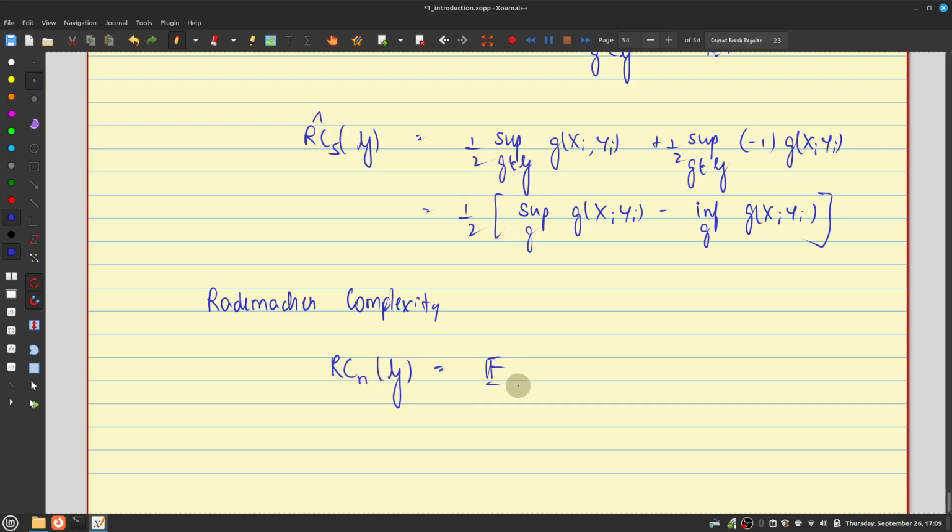So this is the expectation, assuming that the ground truth is drawn according to the distribution PXY, of RC_S of G, where these n samples, the training set, are drawn IID according to PXY. So you take the expectation with respect to the training set. Yeah.